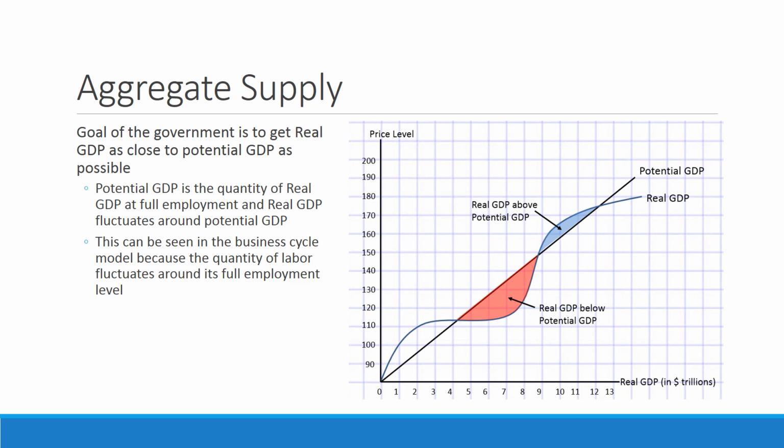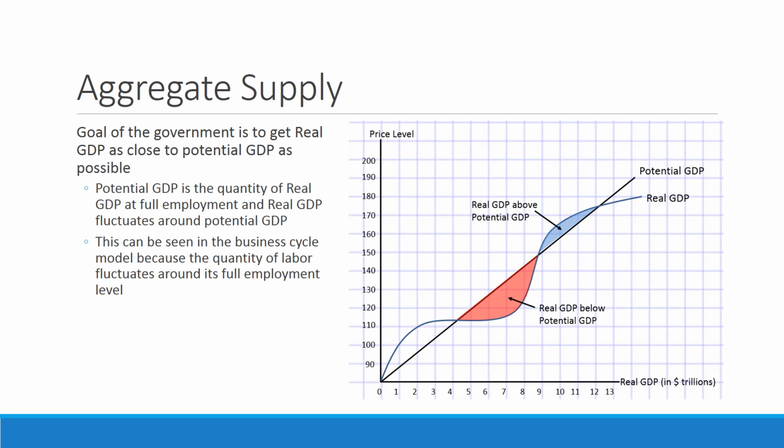Anytime we're in the red, when the business cycle falls below potential GDP, real GDP below potential GDP, that is when we see contraction within the economy. That's our recessionary time period. Real GDP above potential GDP in the blue, that's our expansionary phase.